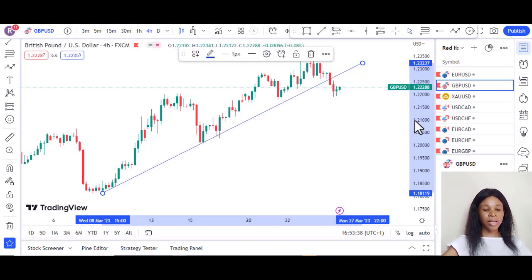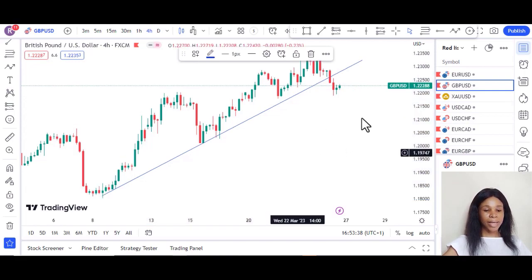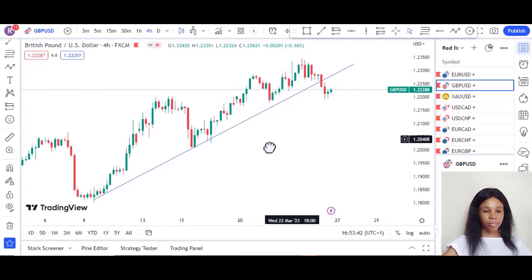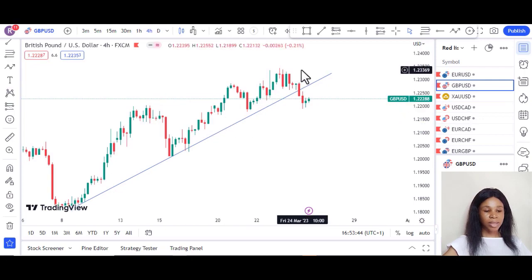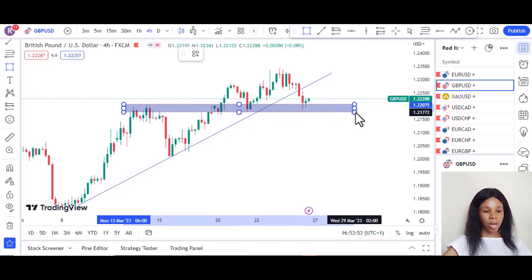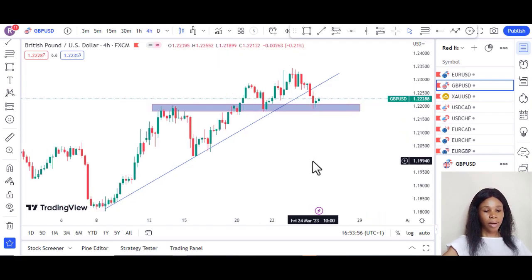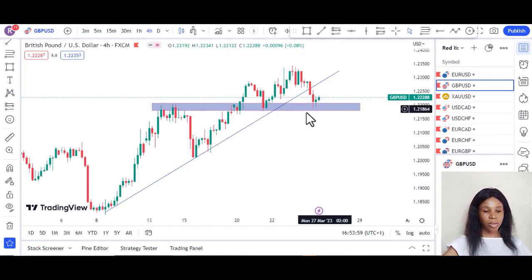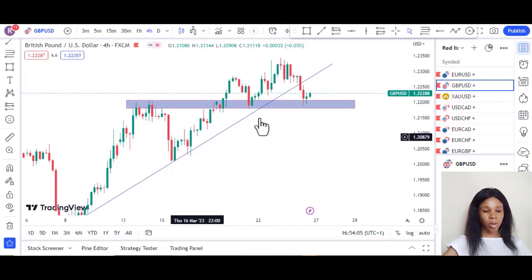We can see that this market has clearly broken this trend, and we can also clearly identify a zone where the price is currently sitting. So guys, what can you see on the chart? Firstly, price is sitting on this level, but if you go to the 1 hour time frame it will be clearer, but let me do this here.